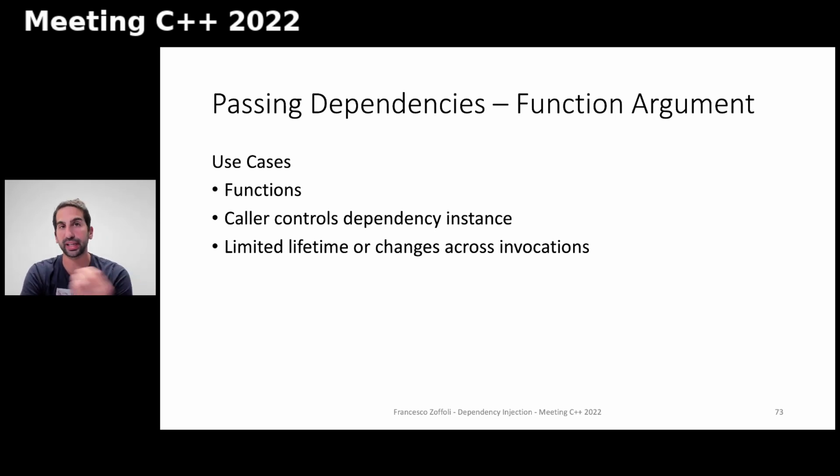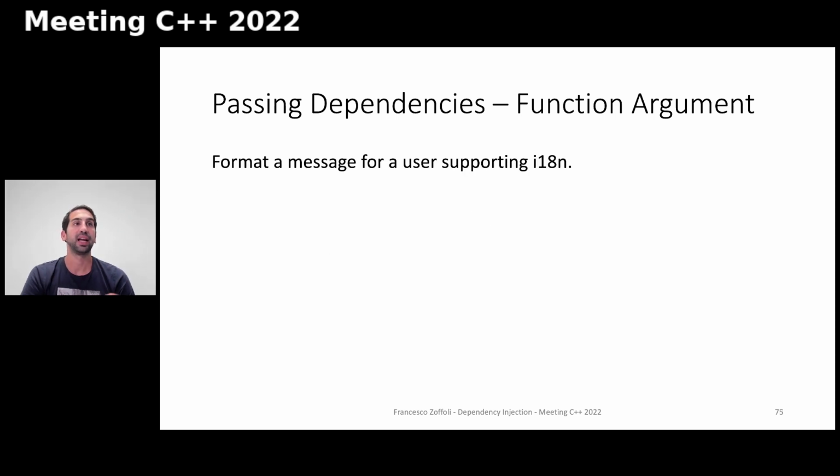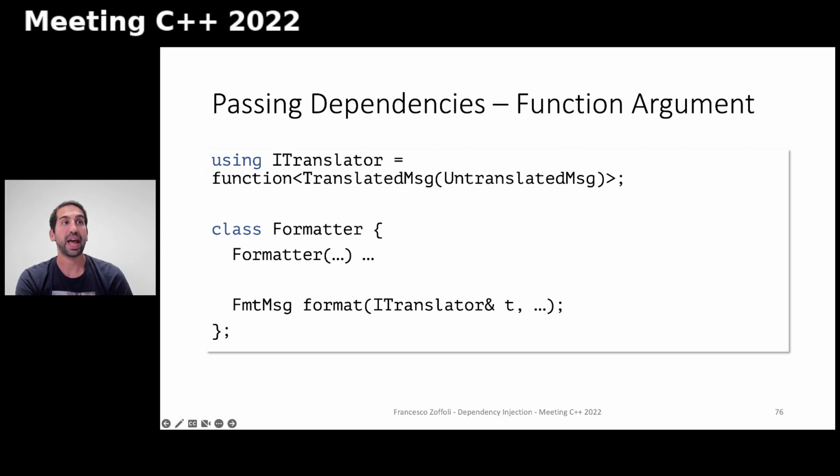Let's see a concrete example for this. Let's say we want a functionality which formats a message for a user, supporting internationalization. So we have our ITranslator interface, which is a function that takes an untranslated message and translates it.